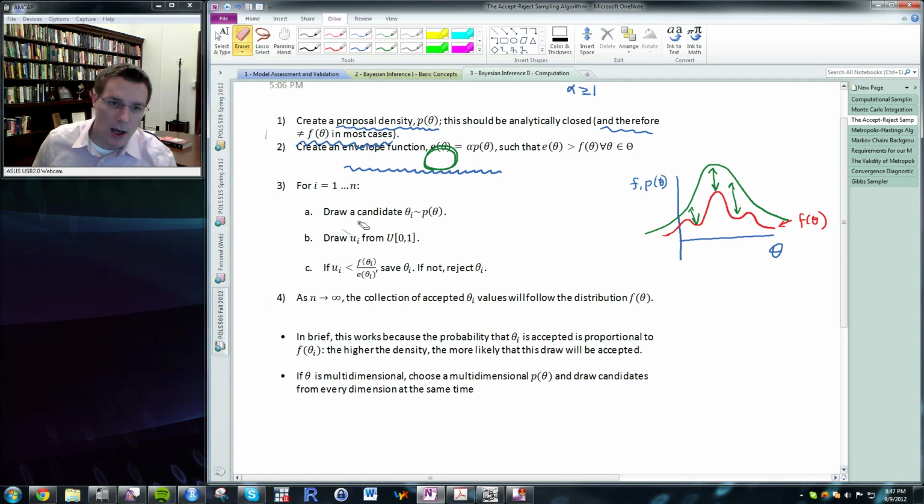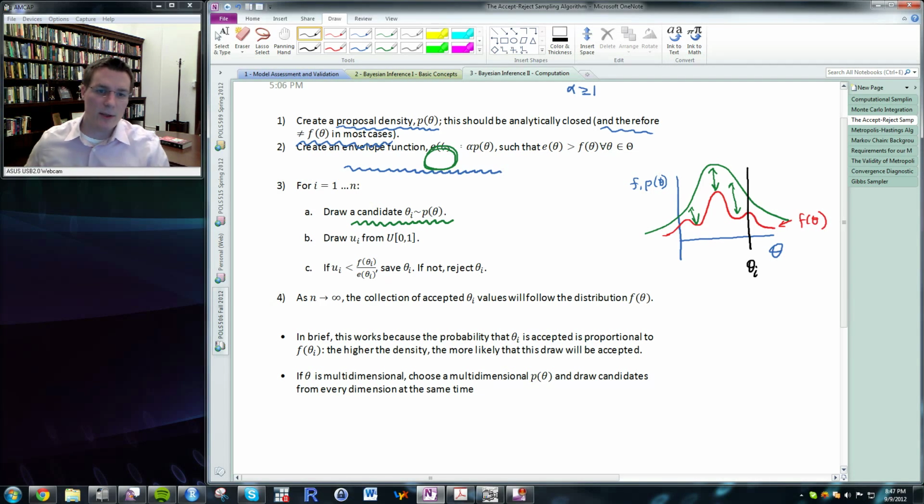Now, all we do is first draw a bunch of candidates. We can think of doing this in sequence. Draw a candidate value theta i out of the proposal density. So I'm going to draw a bunch of samples, and the first one maybe is going to be here. This is my first candidate. Should I accept or reject this as a sample from f of theta?